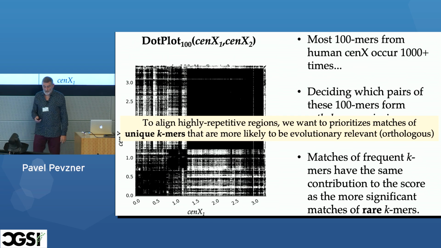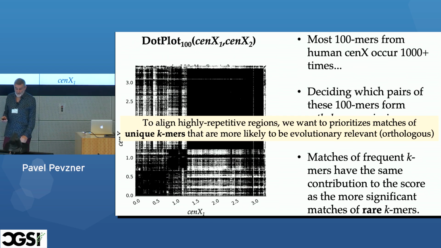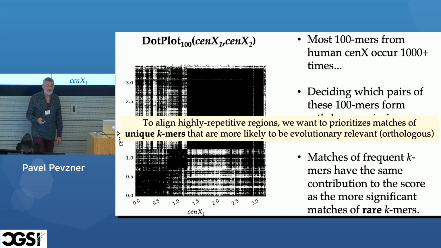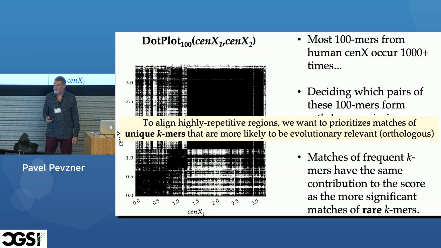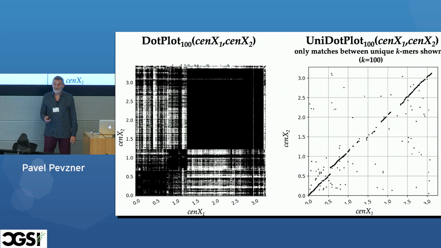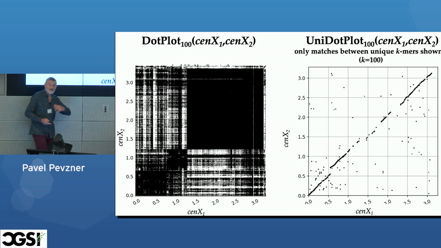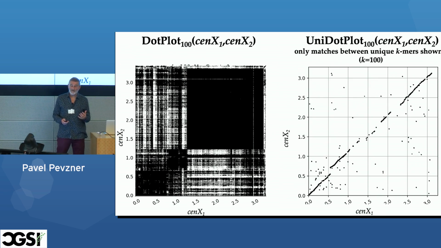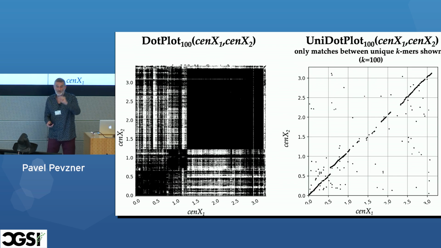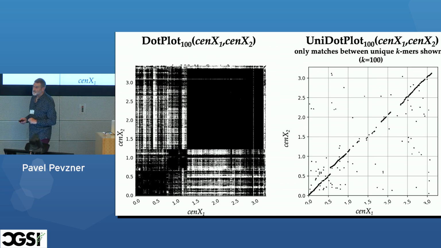So we want to prioritize matches of rare, or let's talk about unique, k-mers that are more likely to be evolutionarily relevant. And our dot plot immediately makes much more sense if, instead of showing all k-mers as in a standard dot plot, we only show matches of unique k-mers that appear only once in one sequence and once in another.